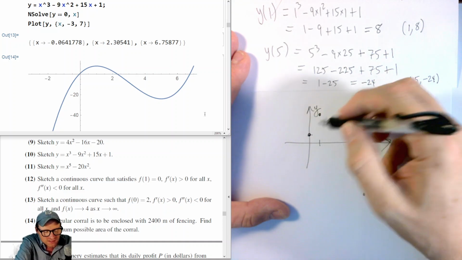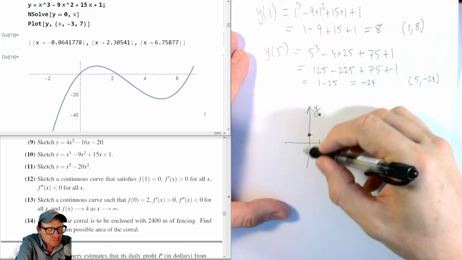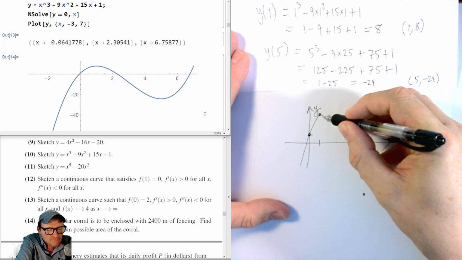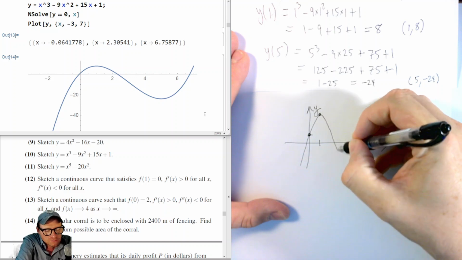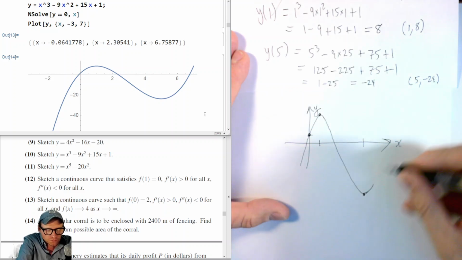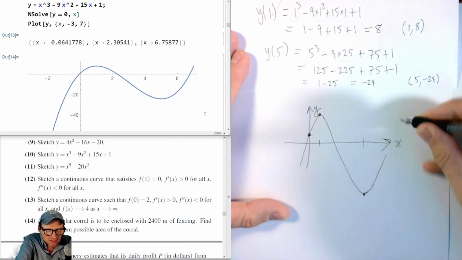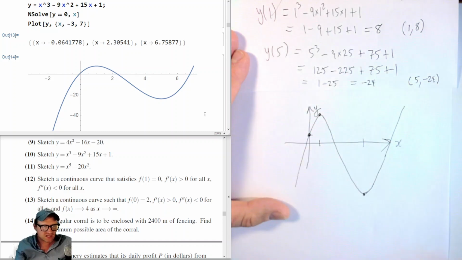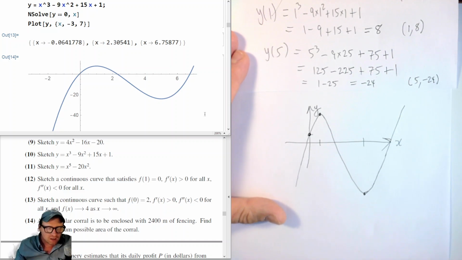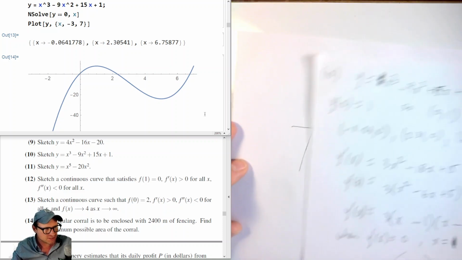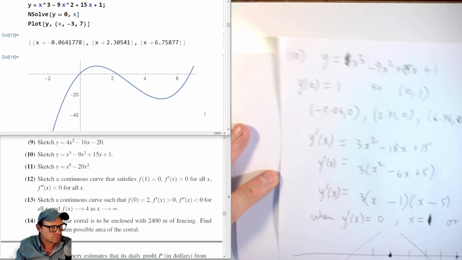And then we kind of know what this looks like, right? And then it just keeps increasing. Okay, and so much like what we have there on the left of my screen in Mathematica. All right, so let's move on to question 11, where we've got to sketch a quintic.